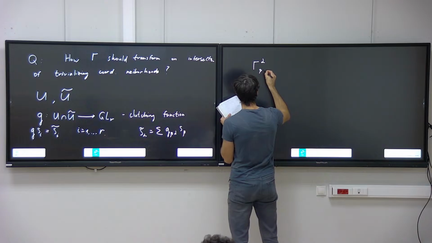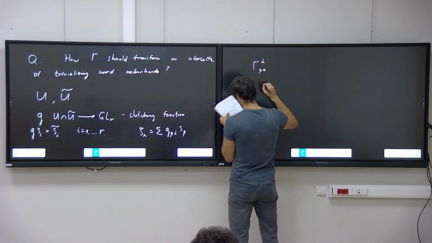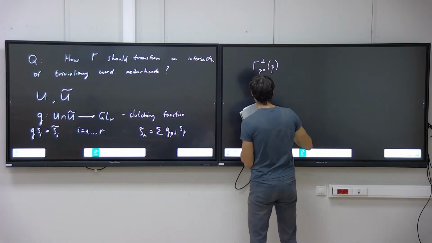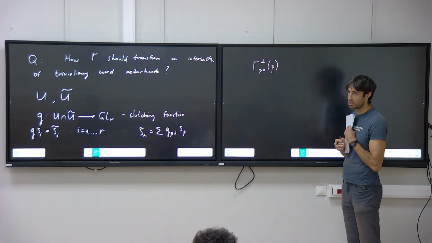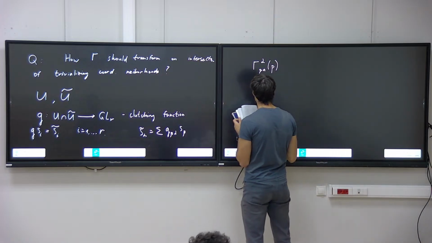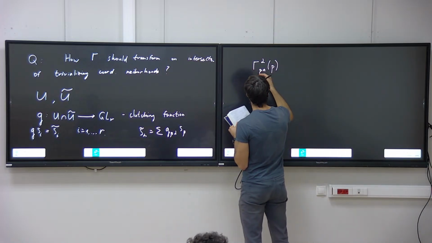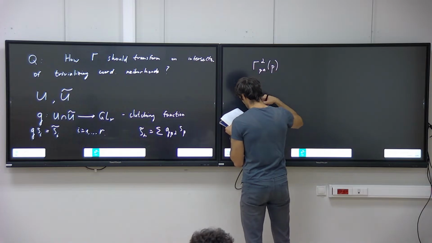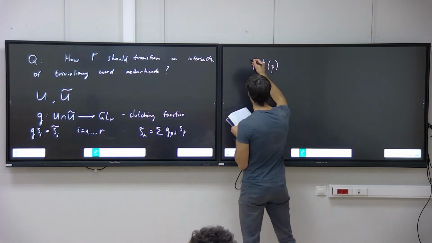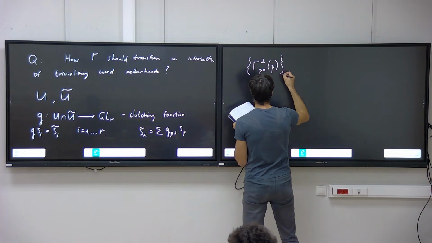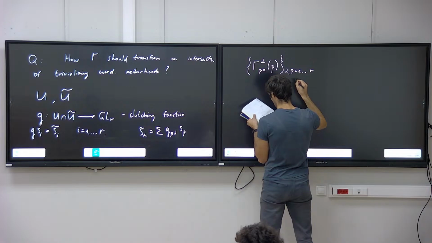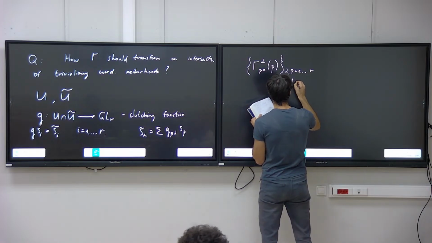Alpha, beta, and A. These are functions, so I can consider its value at some point P. If we consider this as a big matrix, alpha and beta run from 1 to r, and A from 1 to n.